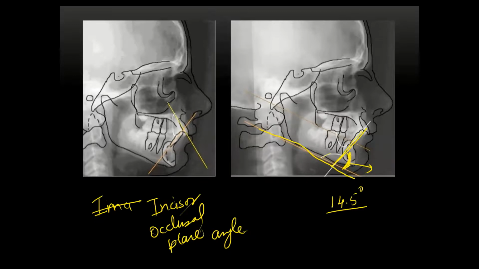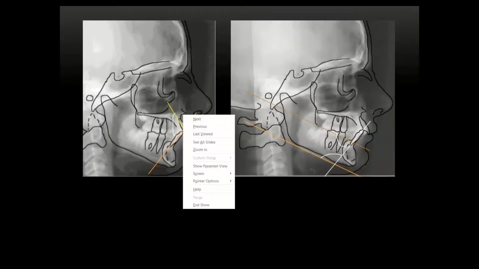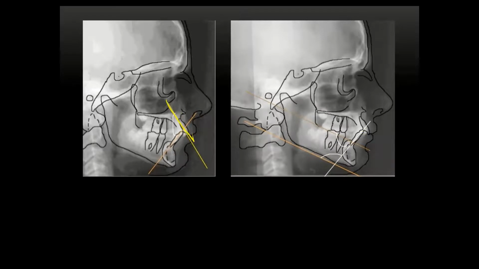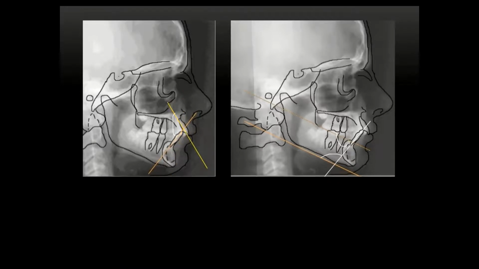Now the last measurement is upper incisor to A-Pog, the distance of the upper incisor from the line between point A and pogonion. This is not an angular measurement, it is a measurement in millimeters. You draw the A-Pog line and measure the distance.